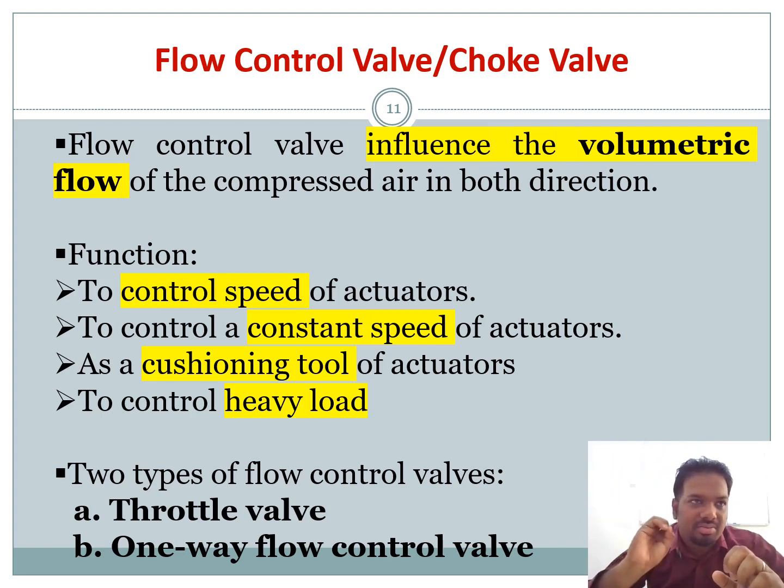When you supply compressed air inside the system, it will very fast start to move inside your valve. Inside your valve you have a ball kind of structure which can block the flow. So you need to have a cushioning tool in order to reduce the impact.